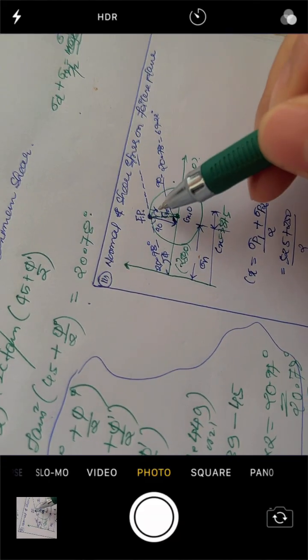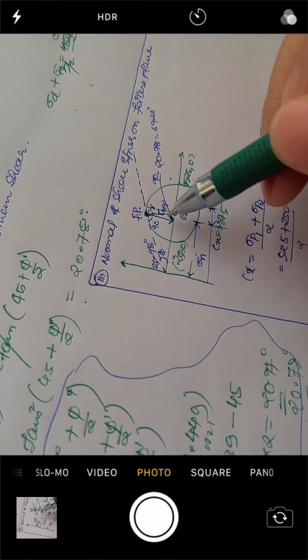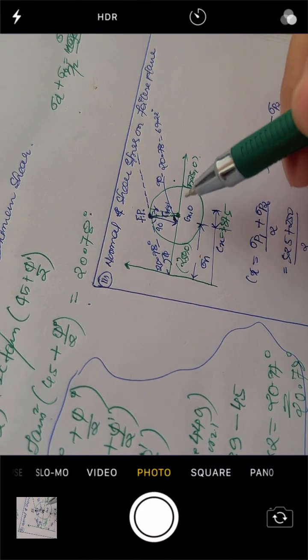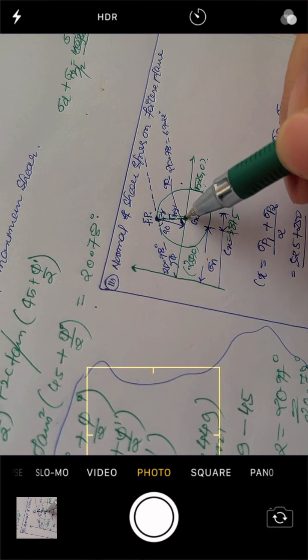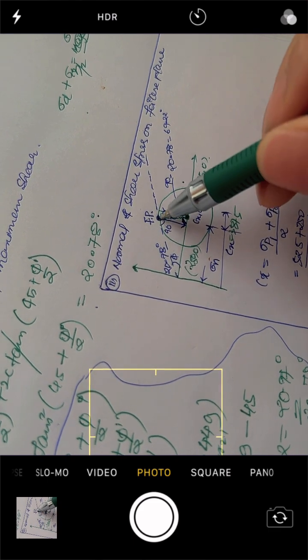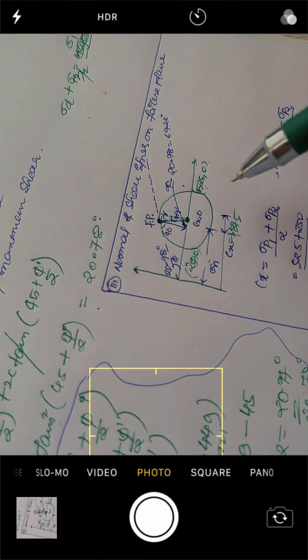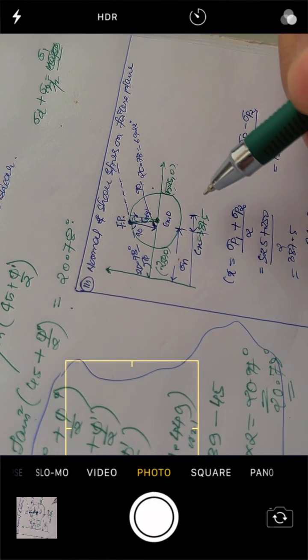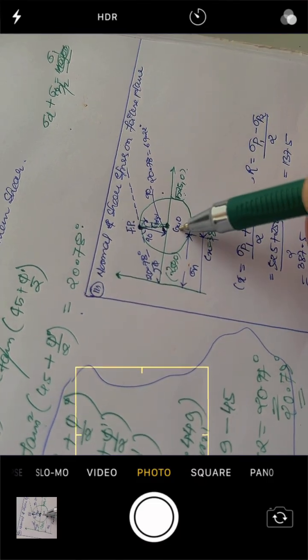After that, we'll mark the failure plane here. This is my failure plane, and this is the center of the Mohr circle, and we'll draw the line from the failure point to the center of the circle. This is my center of the circle.